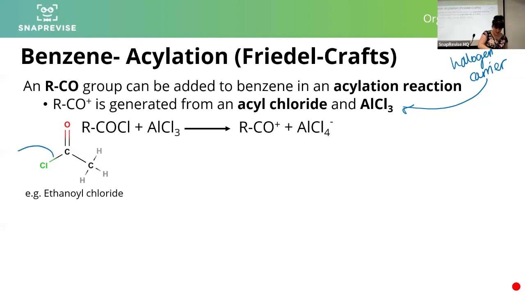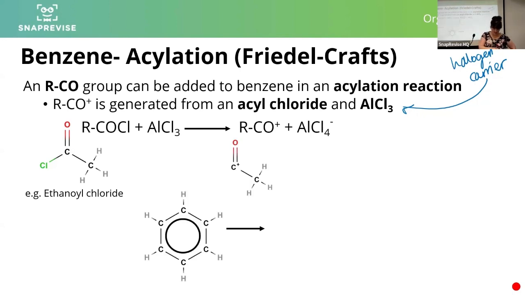We're basically cutting that bond and taking the electrons with us onto the halogen carrier. Again, you can talk about the reformation of the catalyst, which actually I'm going to do at the end this time.